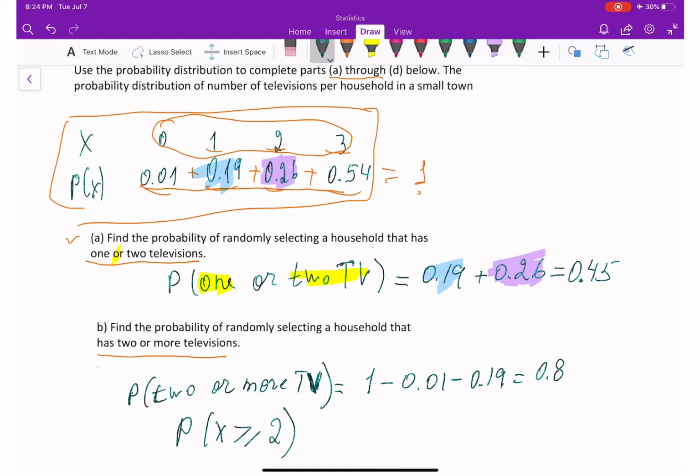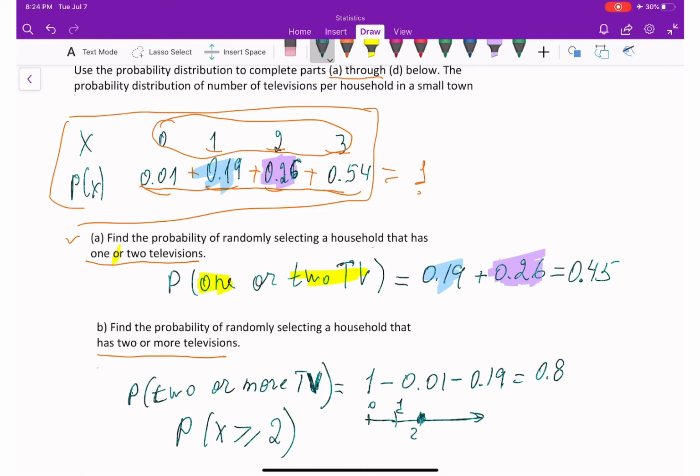Wait a minute, let me make sure. 2 or more, but we don't know how many, right? It can be just 2, it can be 2 and 3. But what we do know is that 2 or more, meaning what is left there? This is 2 or more, right? Then I have left what? 1, and I have left 0, yes?